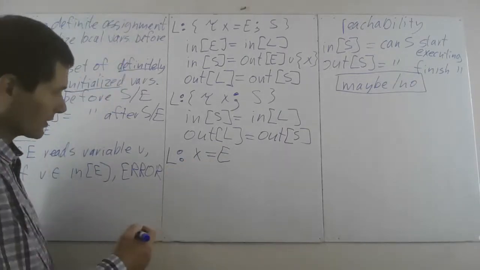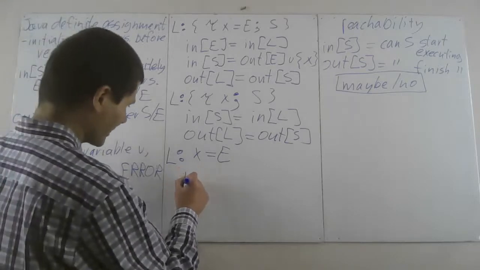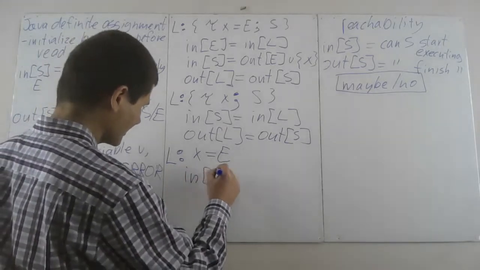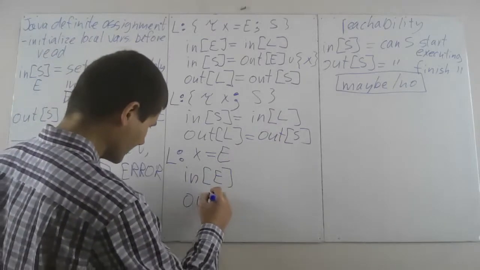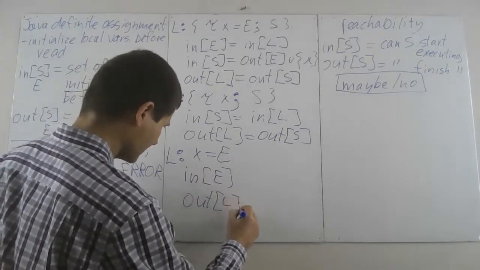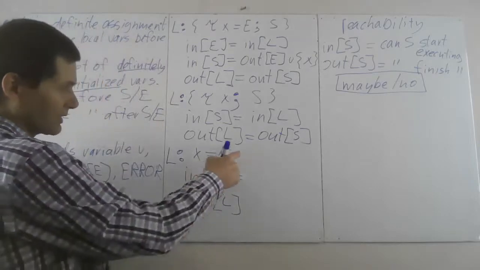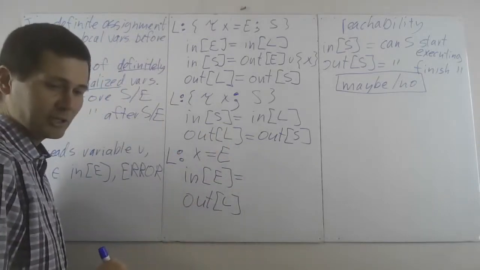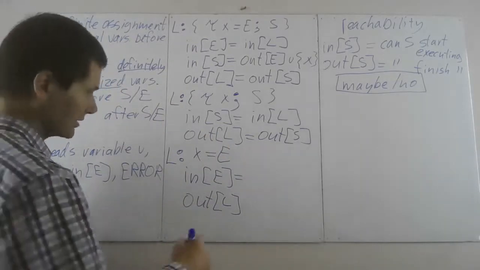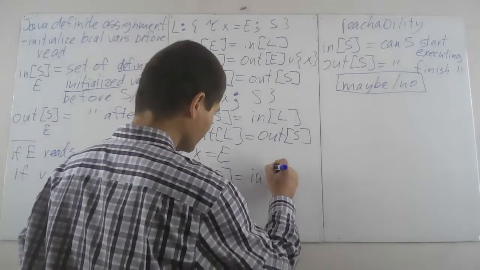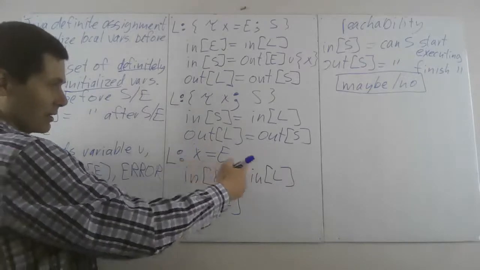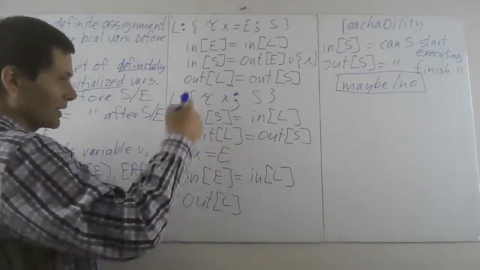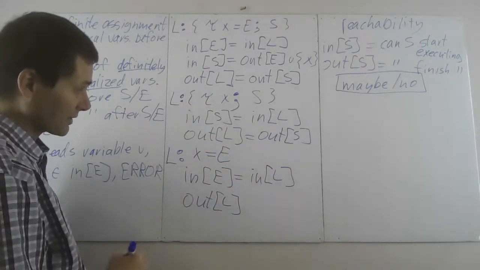All right. So how do we write equations for this? So I'm going to say in of E and out of L. Okay, so when I start evaluating the expression, nothing has changed yet. So in of E is just in of L. So whatever variables are initialized before I start doing the assignment, those are the variables that are initialized.